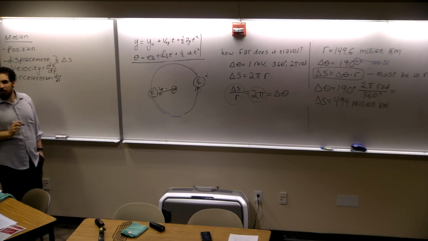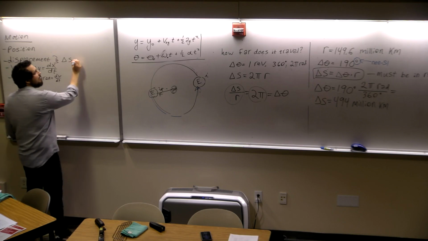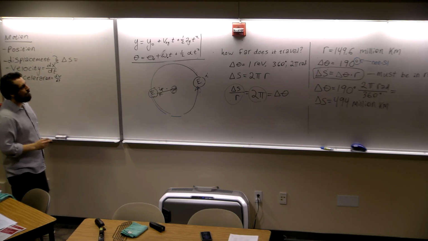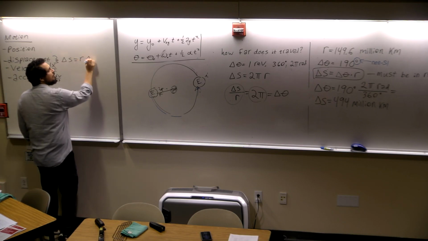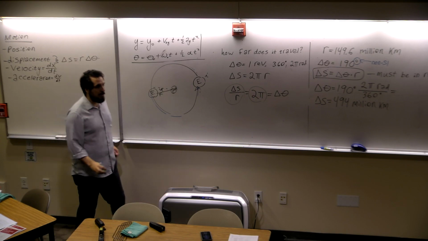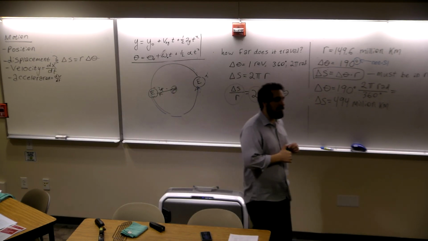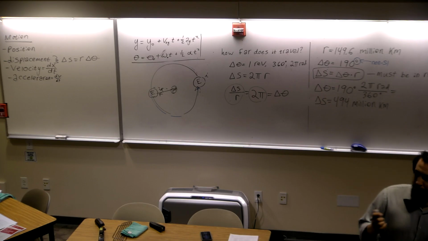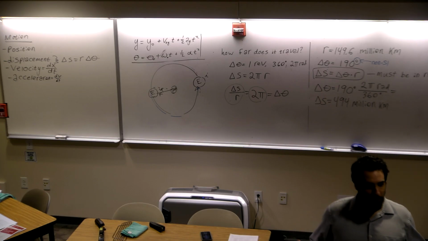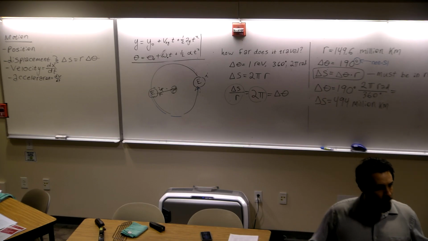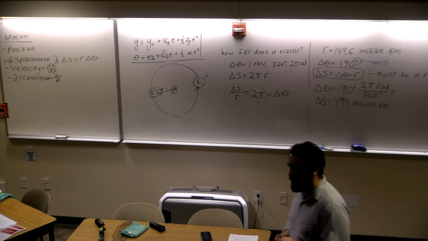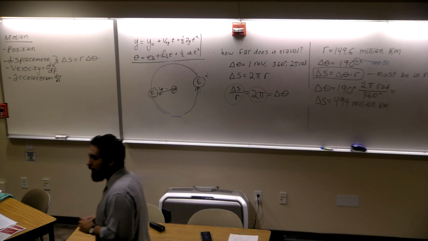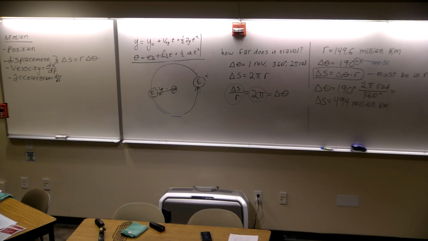A translational displacement delta s is equal to r times delta theta. This is the relationship between our angular displacement and our translational displacement. Do we feel good about this? Any thoughts, any comments? All right. We feel good about this. Then I'm going to ask the next question.